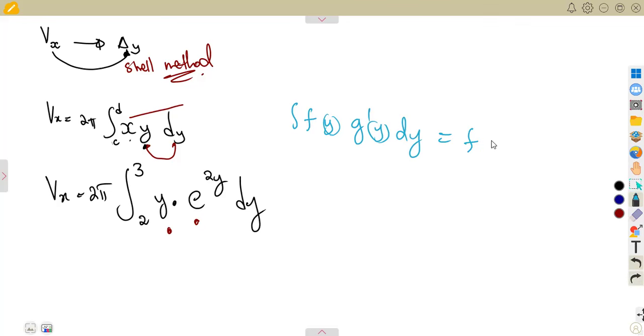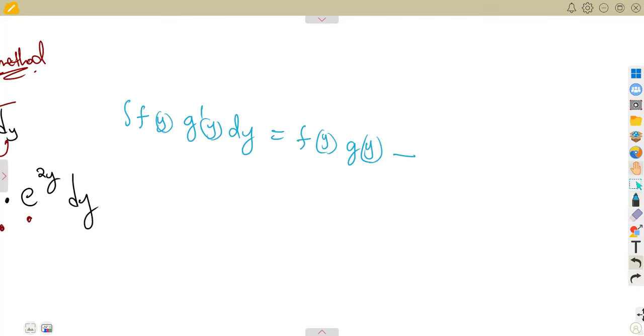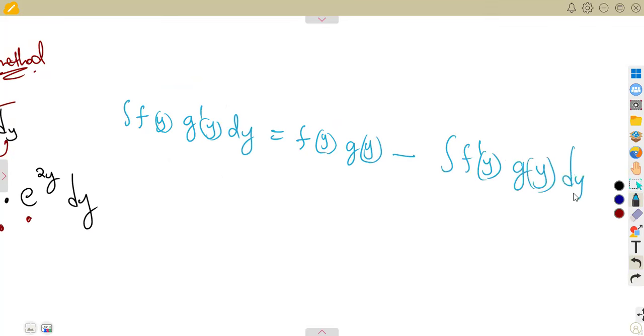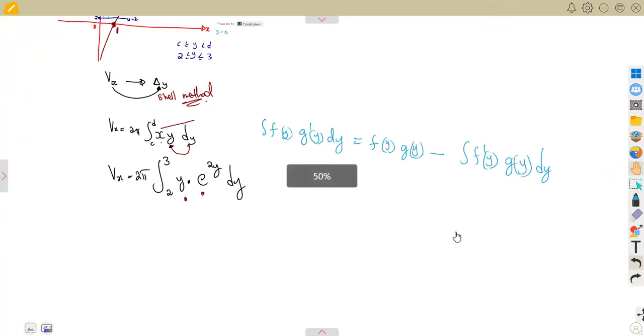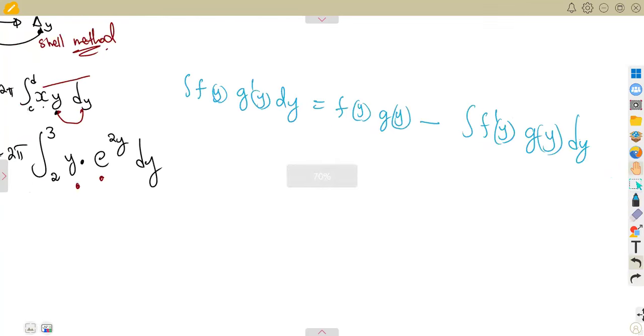You see, guys, we used to work with x. So this is just the by parts method that we are used to, only that we have to write this in terms of y.